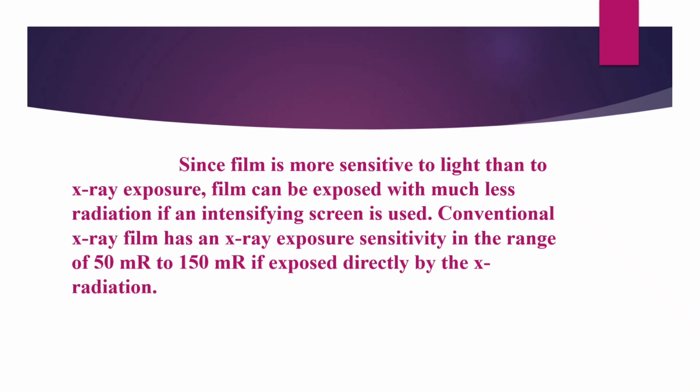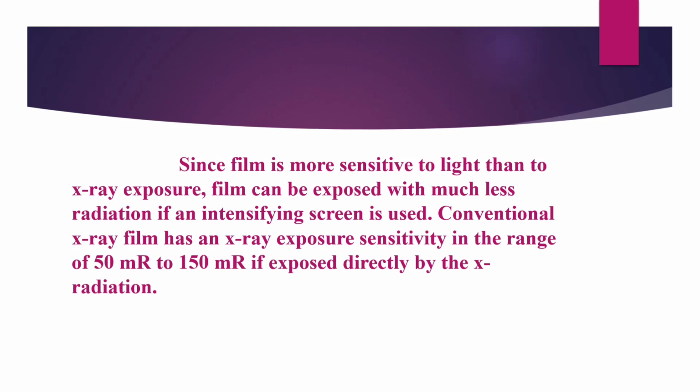Thus, this light photon will be exposing the film which is kept inside the cassette. One X-ray photon will be converted into many light photons while using a screen cassette. So when we are using an intensifying screen cassette, the radiation dose can be reduced.